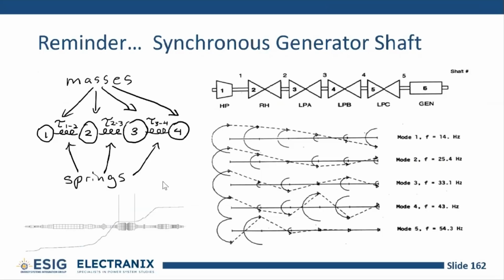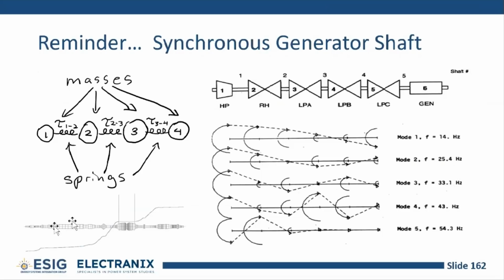And the frequencies of those oscillatory modes are determined by the physical sizes and weights and properties of the materials. So every mass spring system, or we can call this a generator shaft system, another word for it is a multi-mass system, when we're using modeling language.